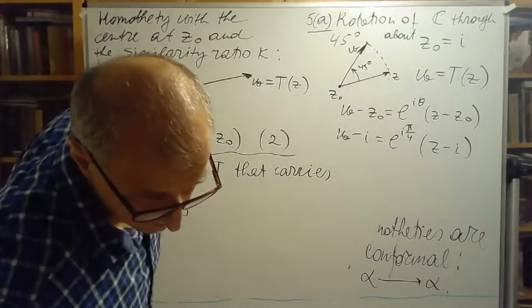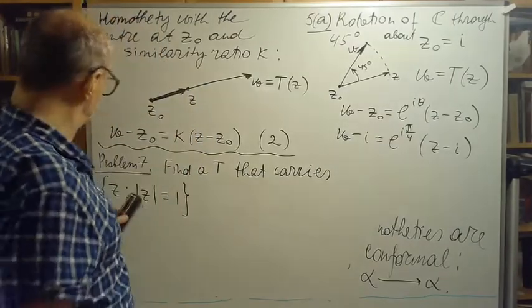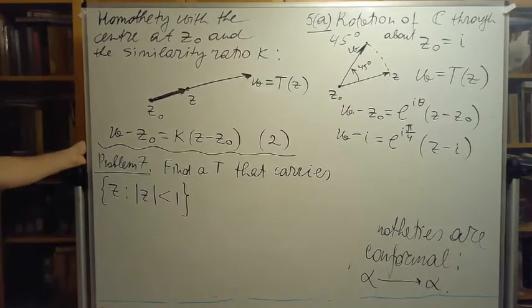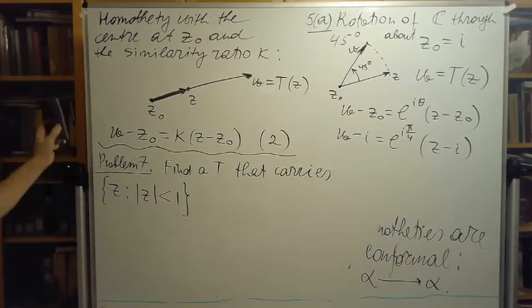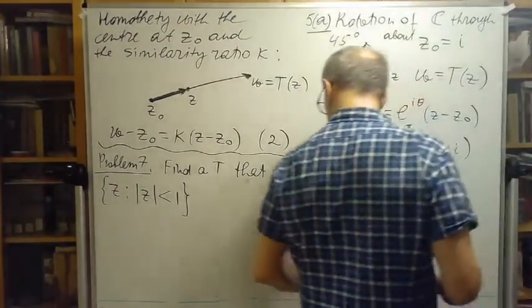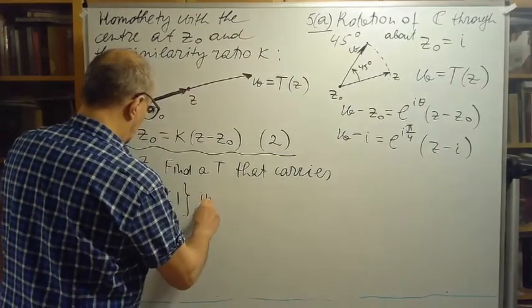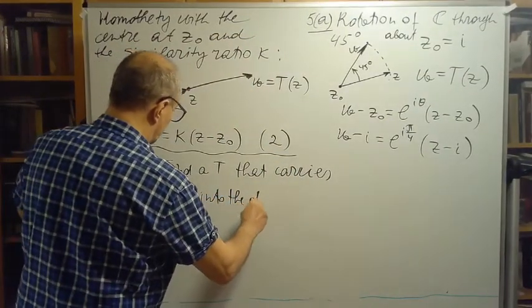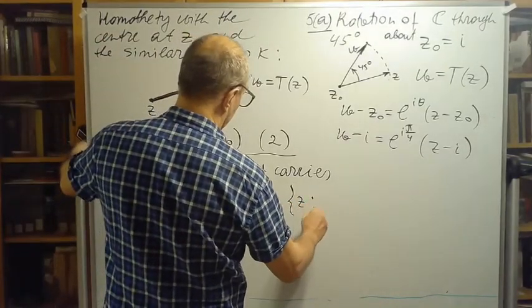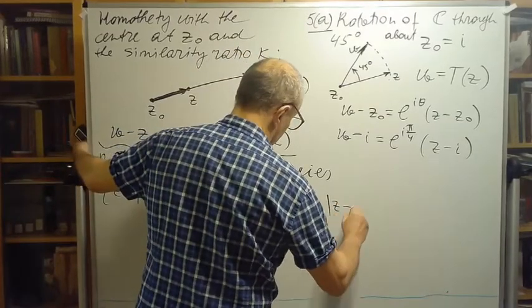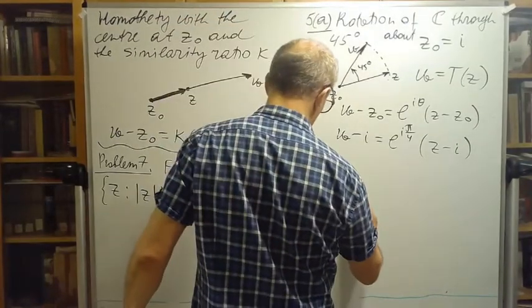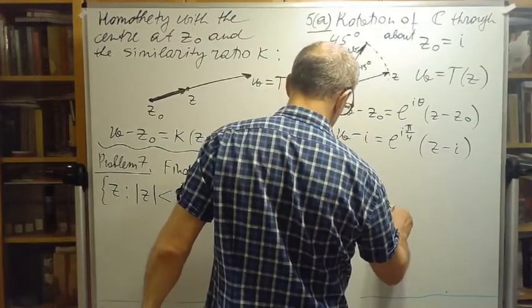That's what I think they want. Or they want the disk, yes? It carries the disk bounded by the unit circle about the origin into the disk of points z such that modulus of z minus 5 is less than 3.